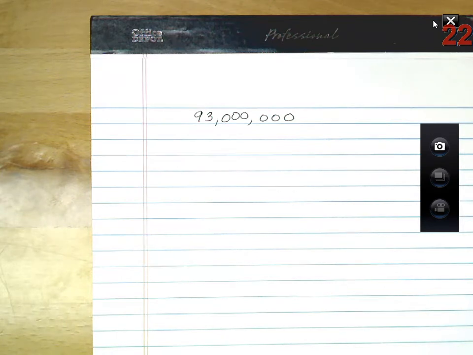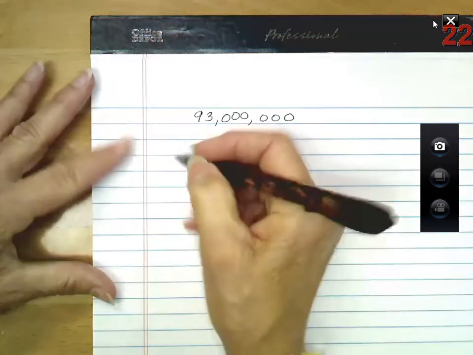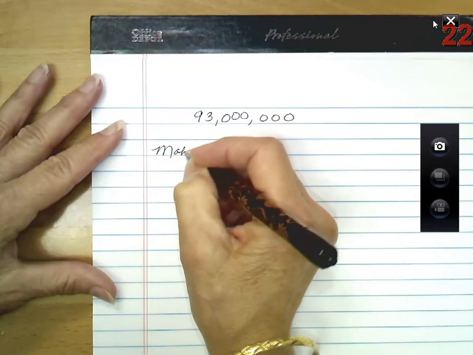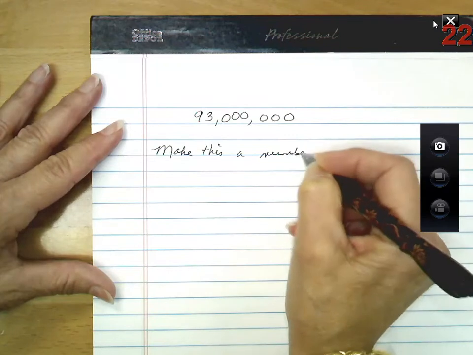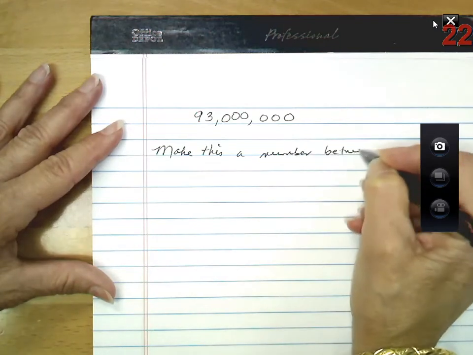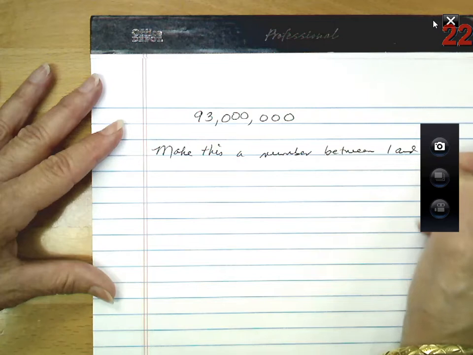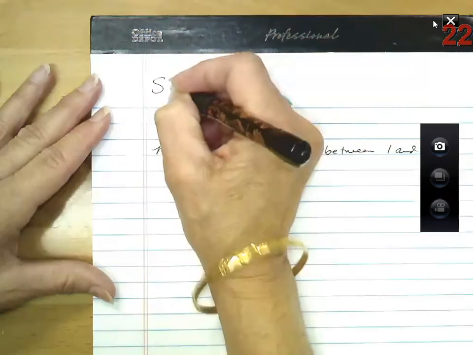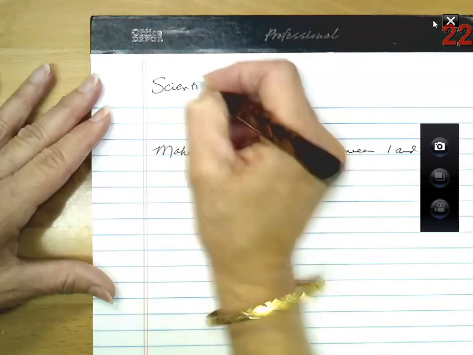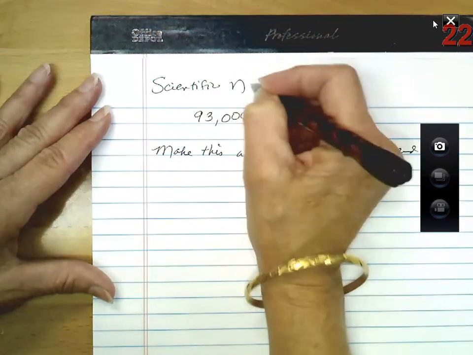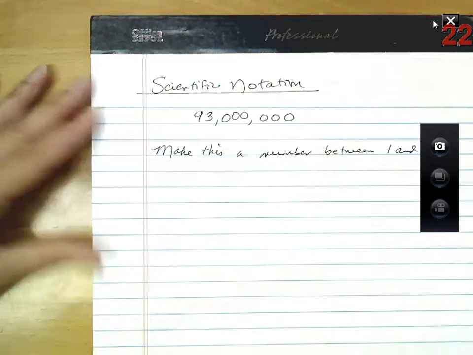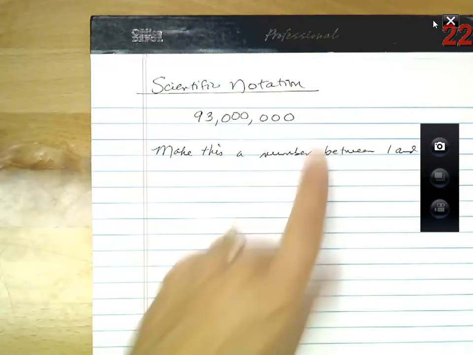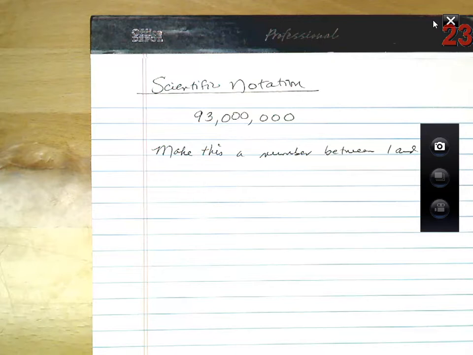And so what you want to make this a number between 1 and 10. This is scientific notation. Okay. And so you want to take this huge number and make it some number between 1 and 10 and make it easier to talk about and everything.